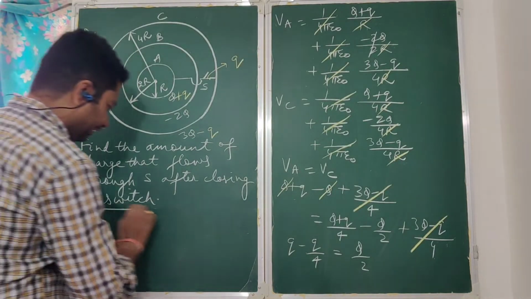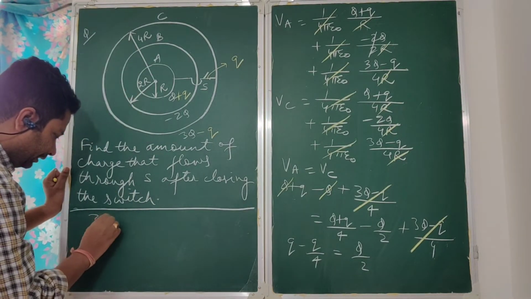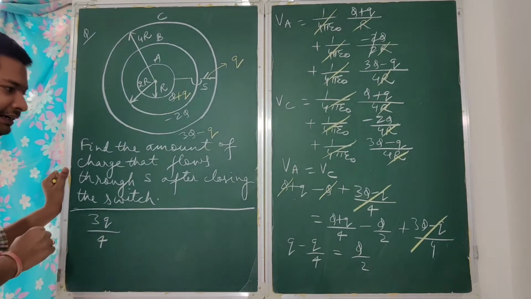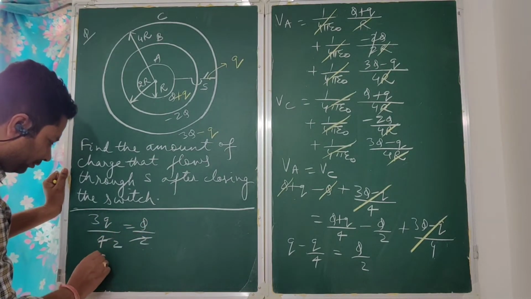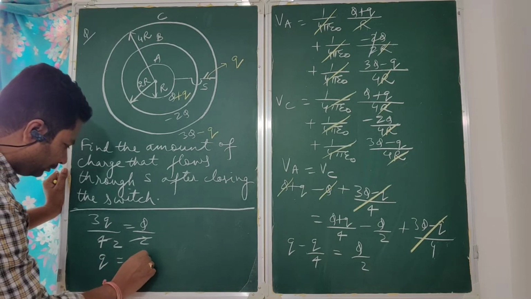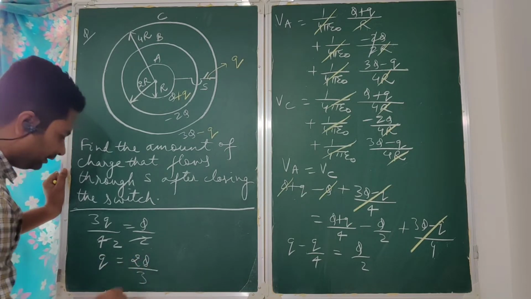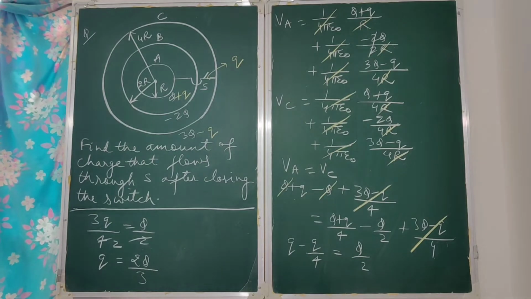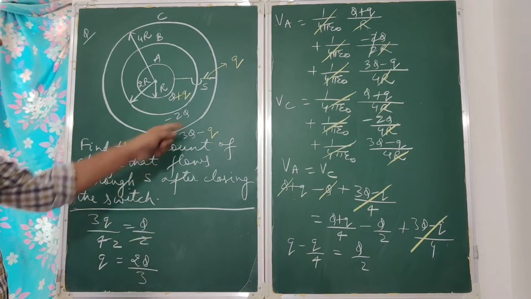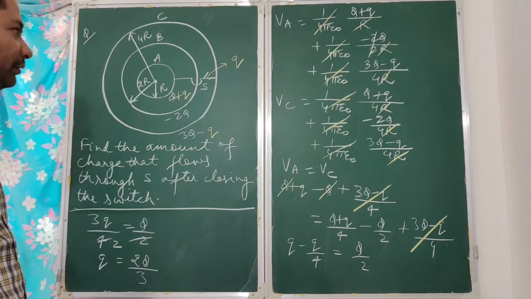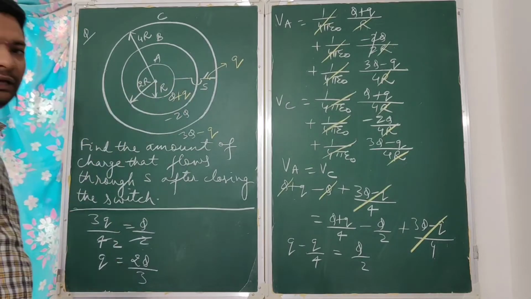I am writing it here: 3Q by 4, we can write it as q by 2. So twice, what is small q? It becomes equal to 2Q by 3. So small q is equal to 2Q by 3, and this is the charge which has flown from one sphere to another sphere through switch S.